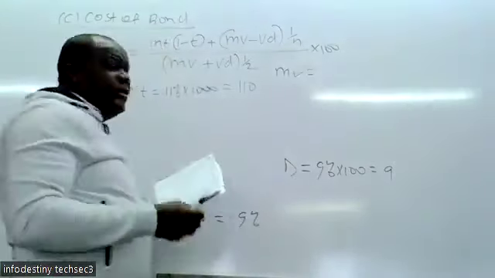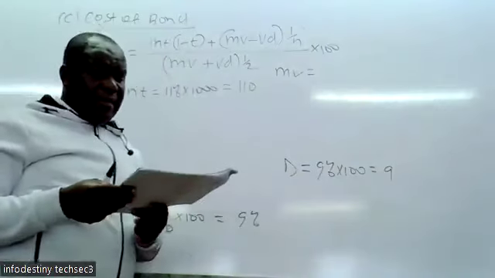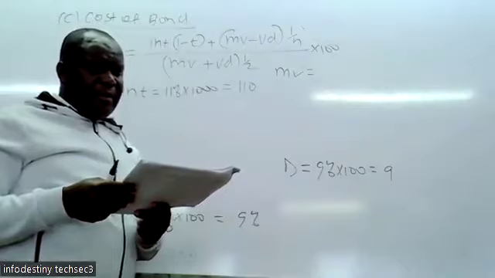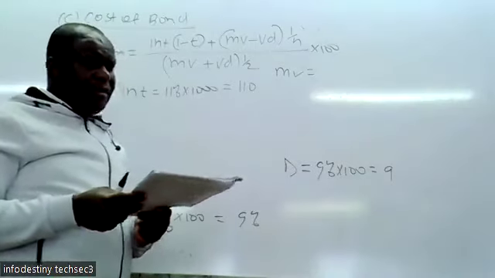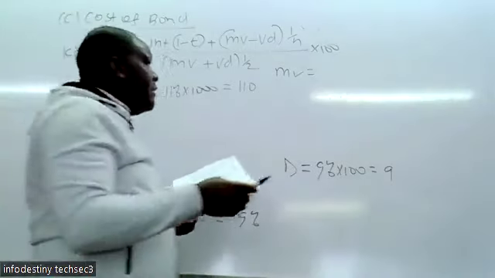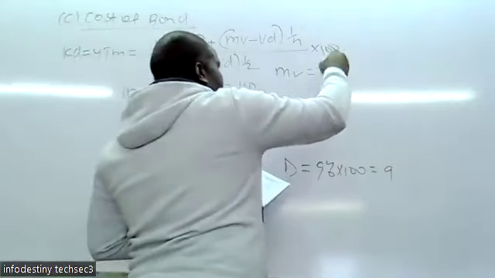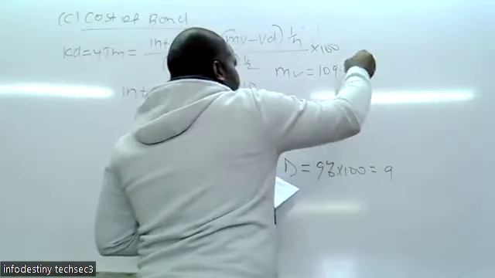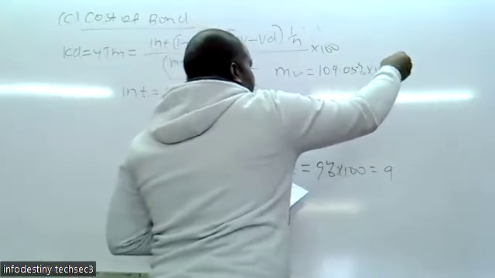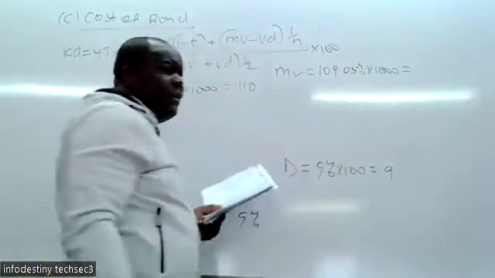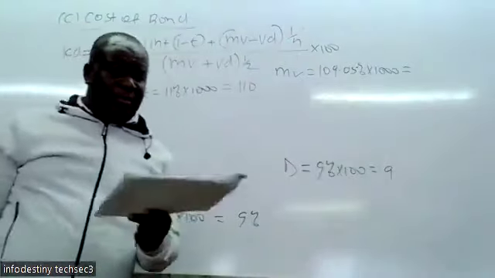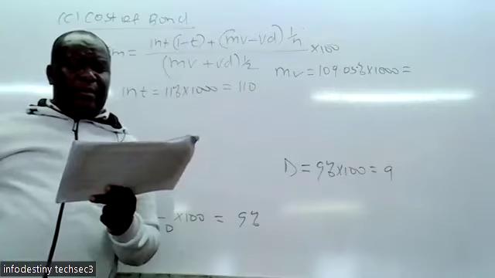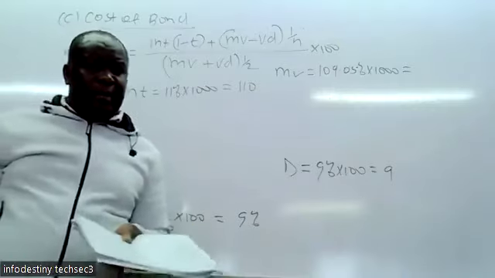To get the maturity value, the question said it was redeemed at 109.05% of the par value, which is 1,000, because it was redeemed with a yield to maturity of 9.05%.